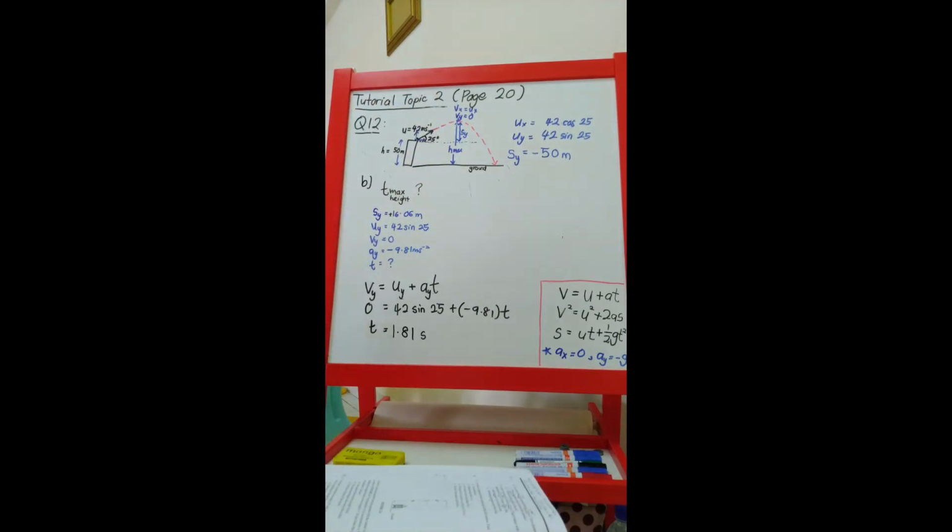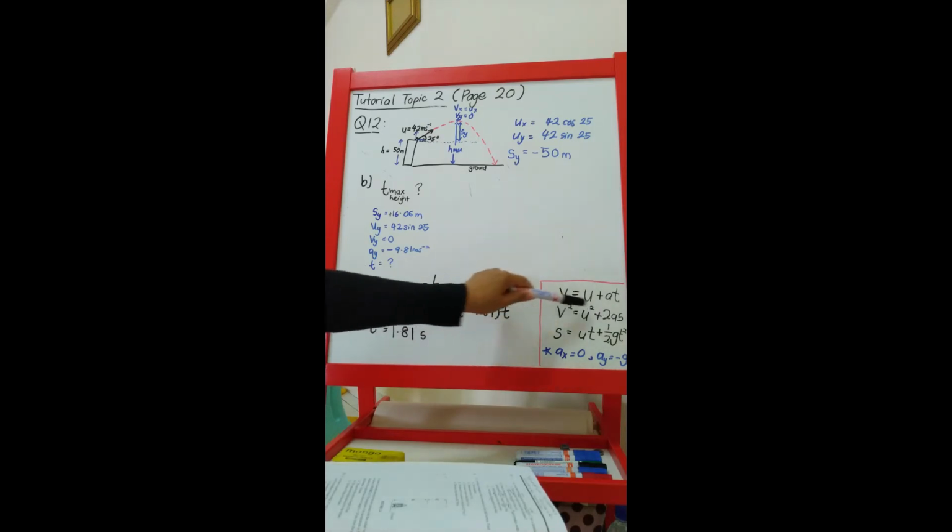Then you have uy, which is fixed here, vy at maximum height is 0, then you have ay, negative 9.81, and it asks for time. So which equation is the most appropriate? You actually can use two of them, but please choose the easiest one, which is this one. Please don't choose this one because you don't have time in it.